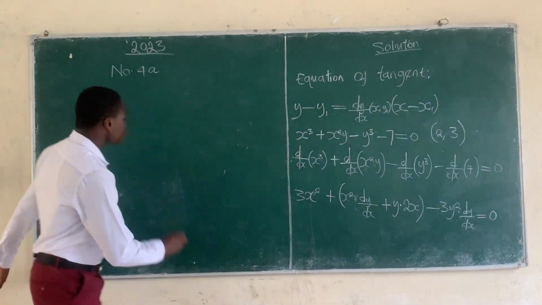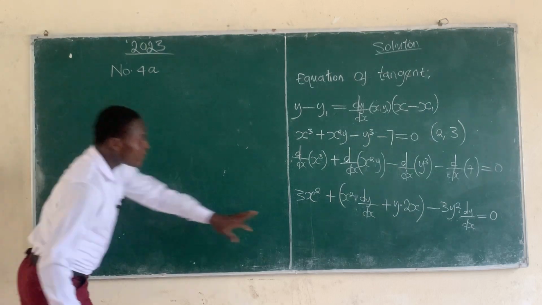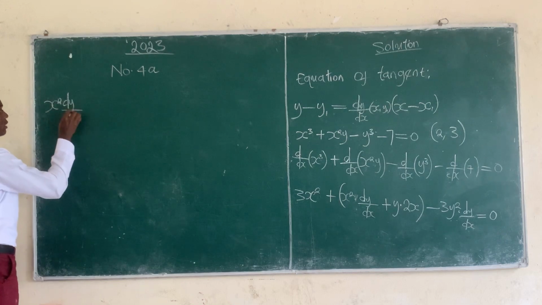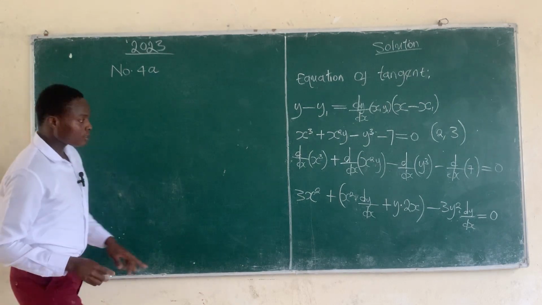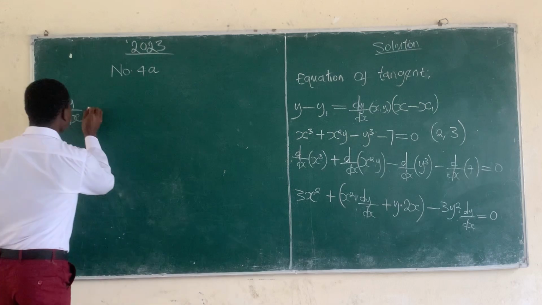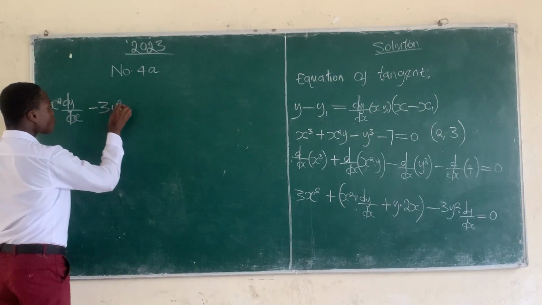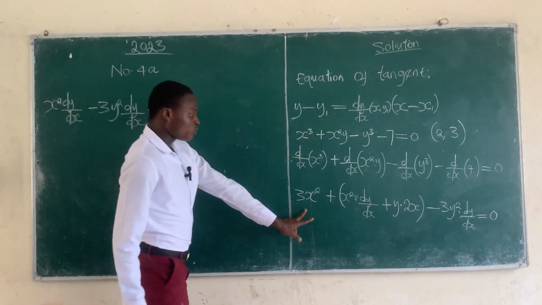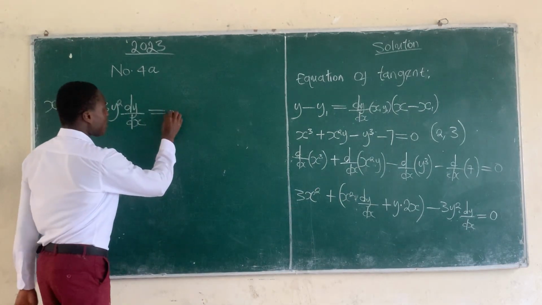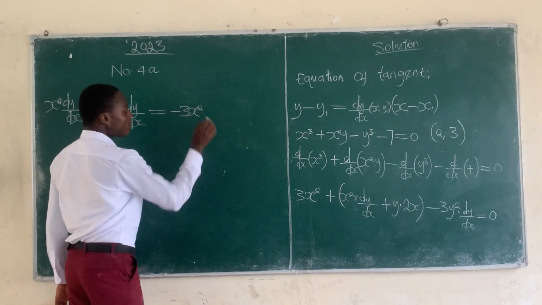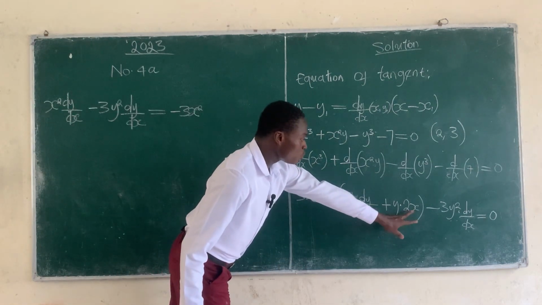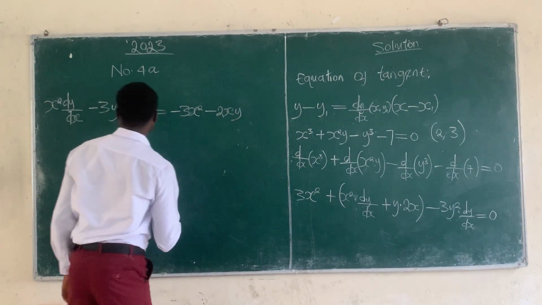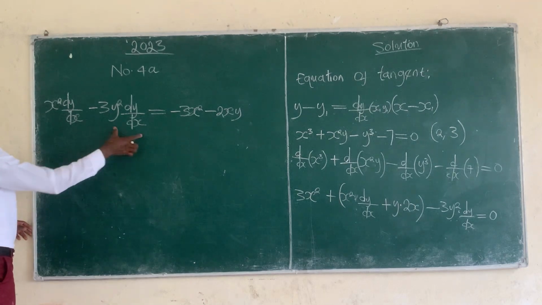We have x squared dy dx, then minus 3y squared dy dx, equals, sending 3x squared to the other side, minus 3x squared, then sending 2xy to the other side, minus 2xy. So let's factor dy dx from here.